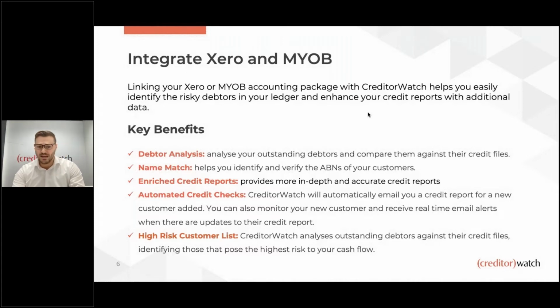The second one there is the name match. Again, talking from personal experience, what I've seen for both small companies and very large organizations is that a lot of businesses, unfortunately, don't have this data up to date. So they may not have ABNs or ACNs or what have you. So what CreditorWatch does through this integration process is try to match them for the customer.